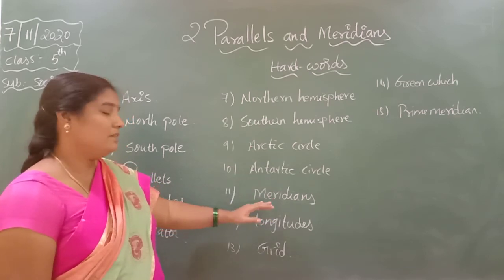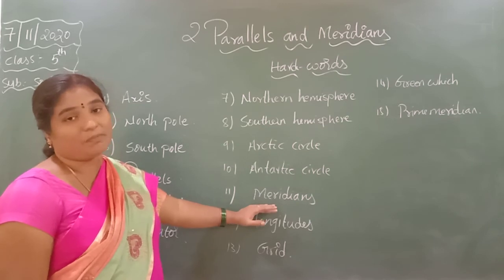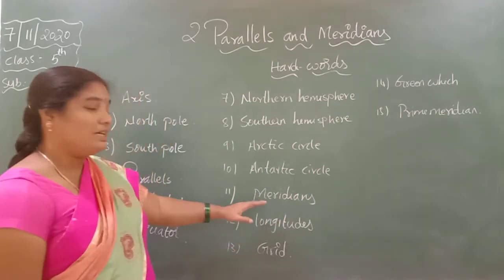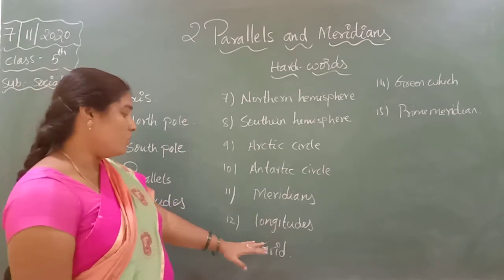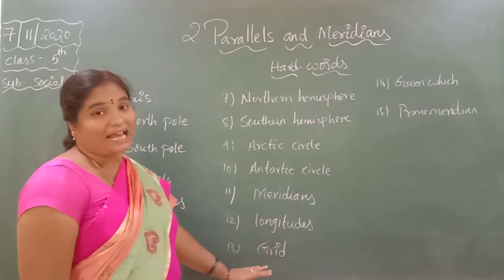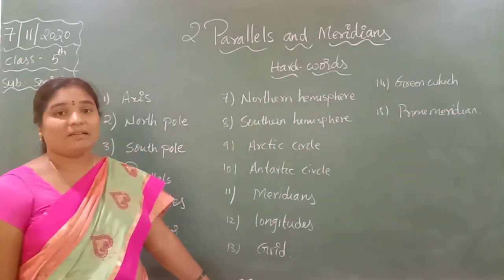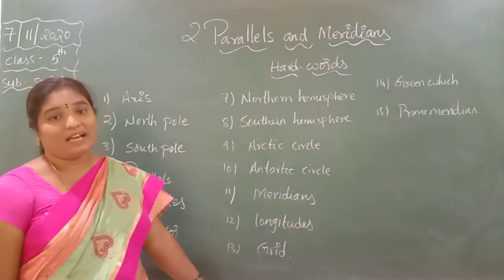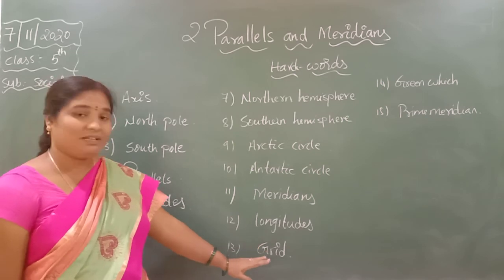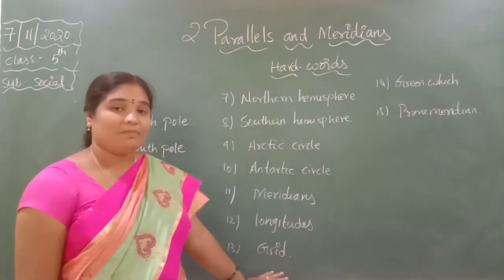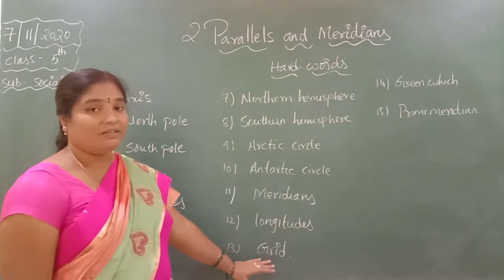Meridians. The long lines which run from north to south are known as meridians. Meridians are also known as longitudes. When the meridians cut the parallels, they meet and form a 90 degree angle. Where they meet is known as a grid.